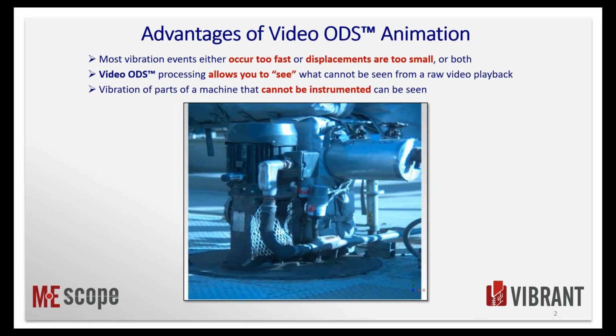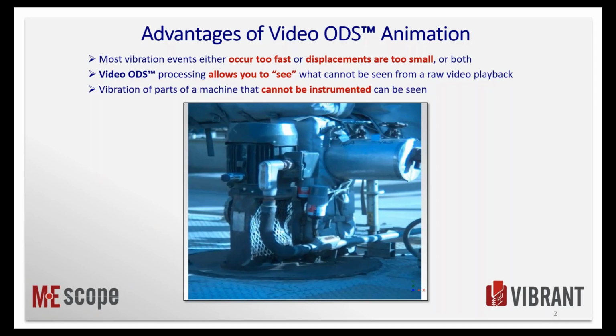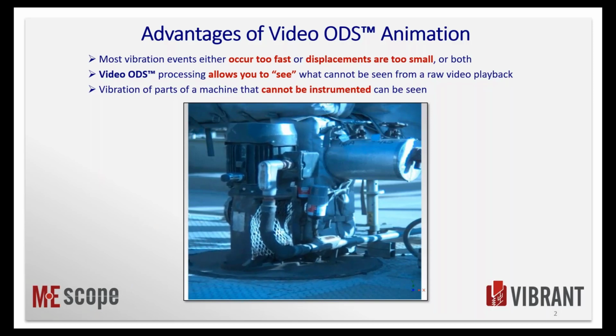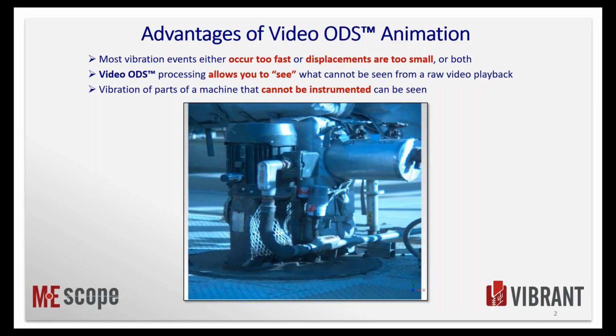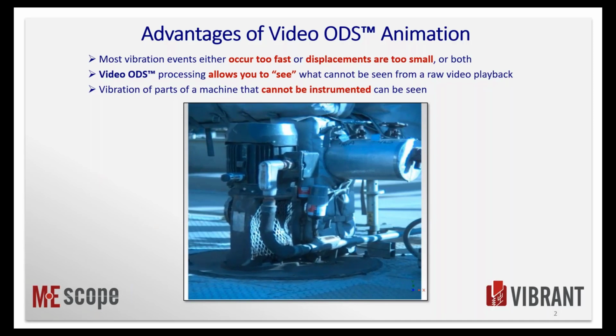We use the term video ODS, and we've trademarked it because what you're looking at is actually an animation created in MEscope once the data has been extracted from the video. So we're just using animation in MEscope that's been in there for years. We call it a photo model, and now we're just animating frames of a video with the data that's been extracted.